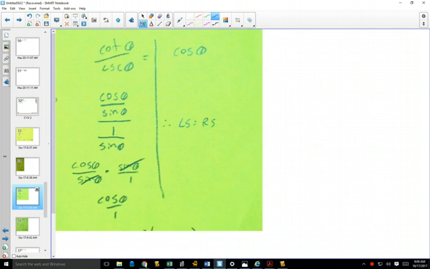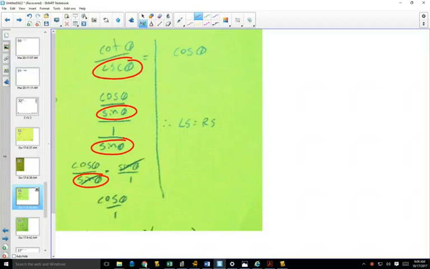So what I'm going to do now in red is circle every place that we divided. We divided here, we're dividing here, we're dividing here, we're dividing here again. And I'm circling all the places where we're dividing where it might be that that function equals 0.